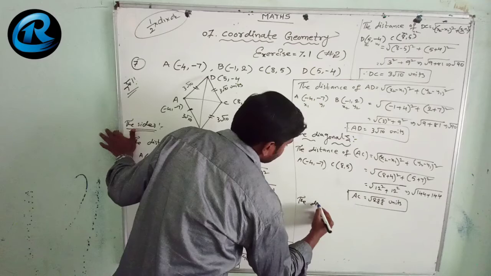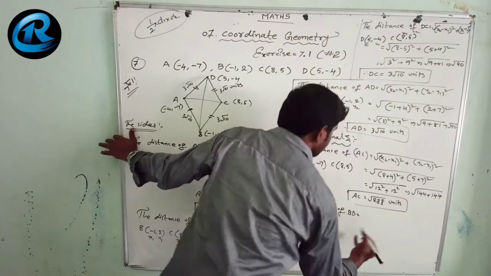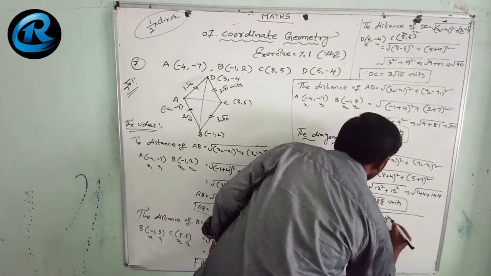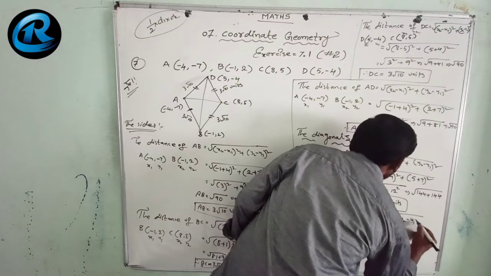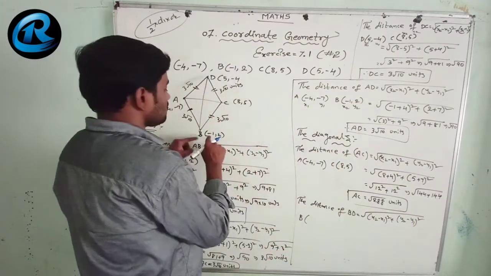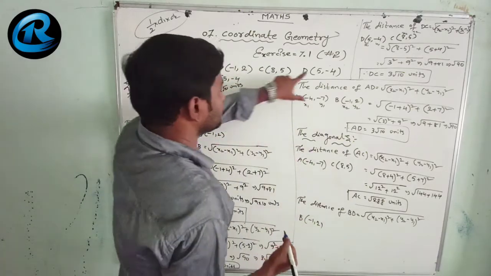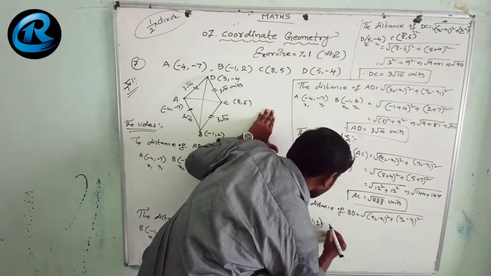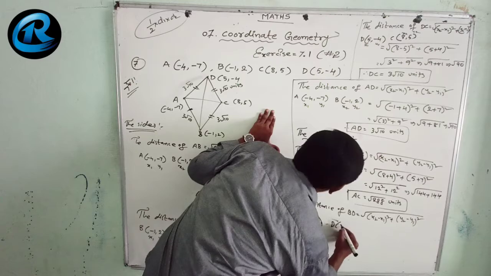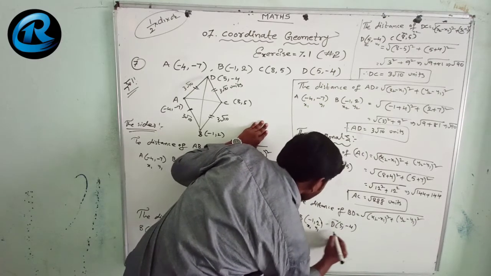The distance of BD equals under root of x2 minus x1 whole square plus y2 minus y1 whole square, where B is minus 1 comma 2, and D is 5 comma minus 4.